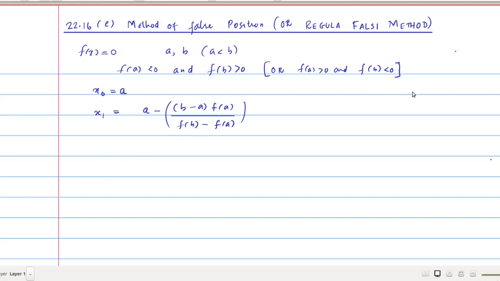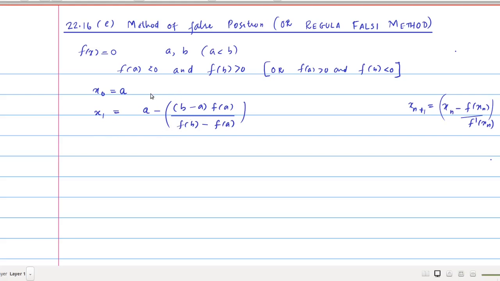In the Newton-Raphson method using xn, we iterate xn plus 1 equals xn minus f of xn divided by f dash xn. This is the Newton-Raphson iteration formula. But on the right side, we are using only xn. We use only one point for the next iteration. Here a and b are used equally to find the next iteration. So in every iteration we need to use 2 points.